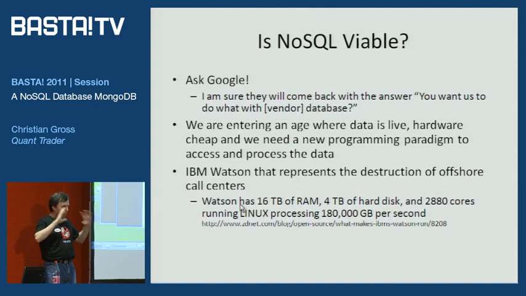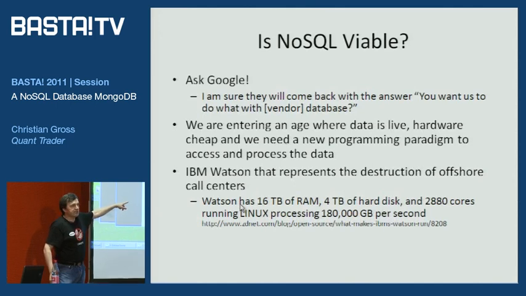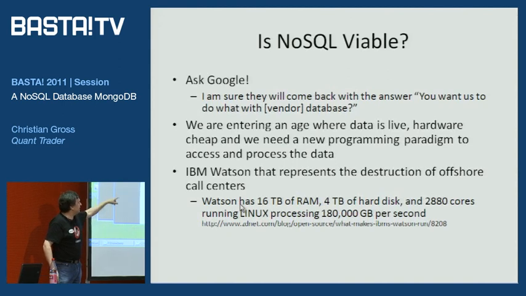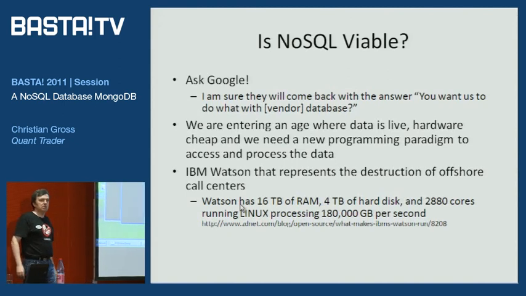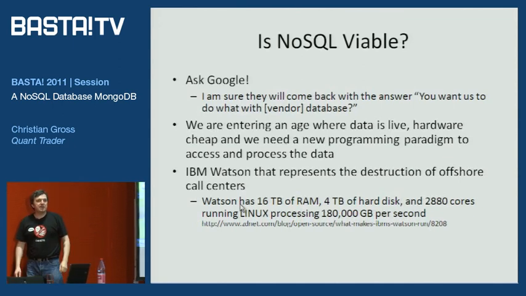They had to program a cognitive computer. Watson is based on 16 terabytes of RAM. Do you see here, 4 terabytes of hard disk space? Watson isn't going to fit on the hard disk. It's fully in RAM because the access times are that fast.